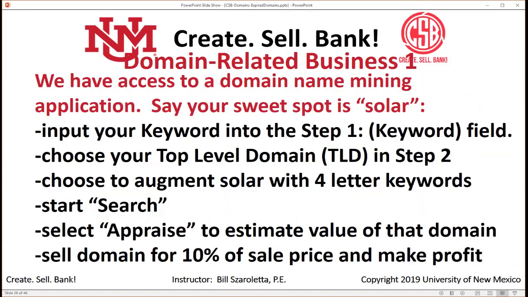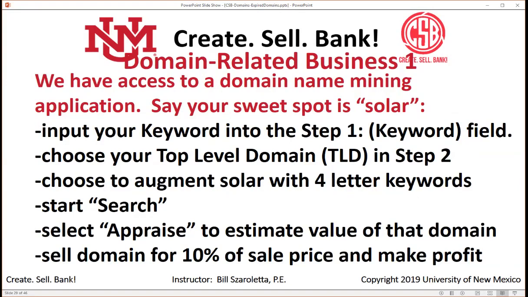So we have access to a domain name mining application. And let's say your sweet spot is solar. So you input solar, you choose your top level domain. You're going to see I chose .com, but you could have chosen .net. You could have chosen .world. Any of the available TLDs.